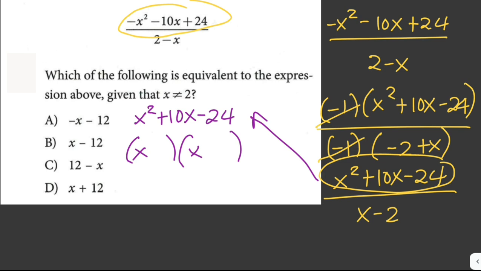The factors of 24 are 24 and 1, 12 and 2. Since the middle coefficient is positive, the larger number should be positive. So this would be x plus 12 times x minus 2. That would be our factors for this expression.